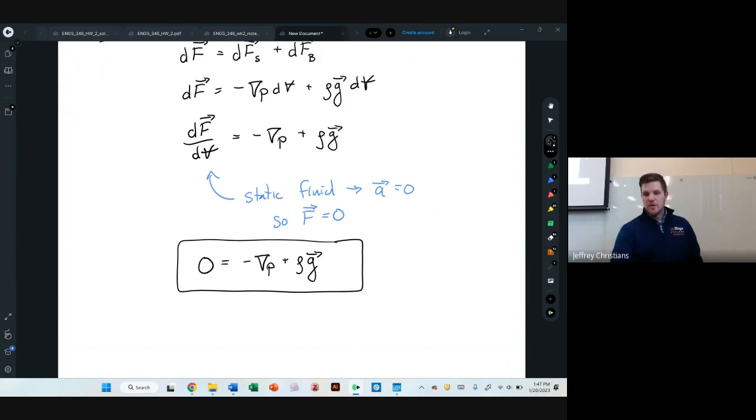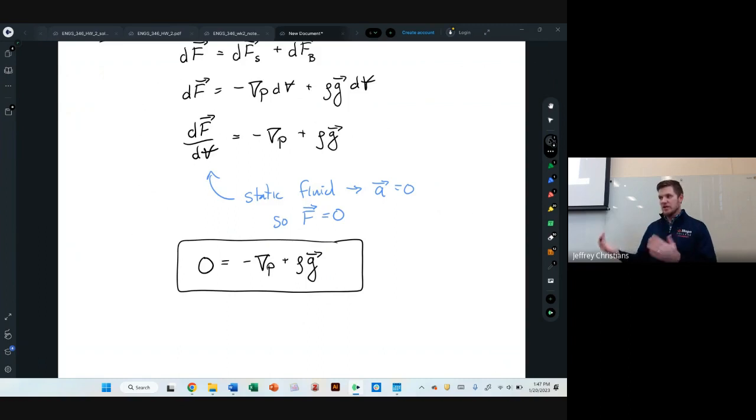All right. So this is an equation that relates pressure to gravity. Essentially what it's saying is, how does pressure change in a fluid? If it's a static fluid, it's only due to gravity pulling on the fluid.